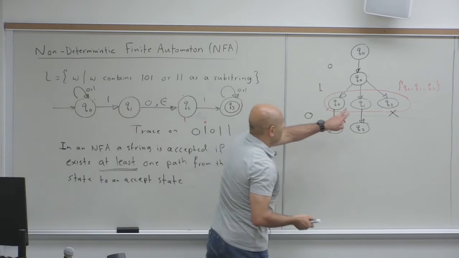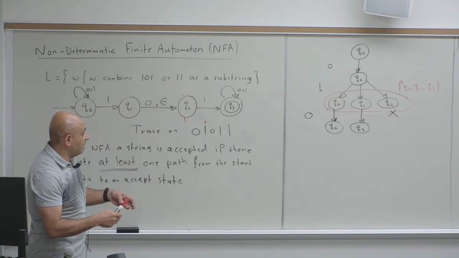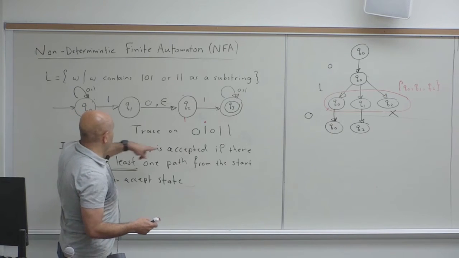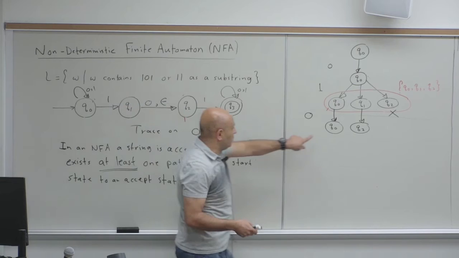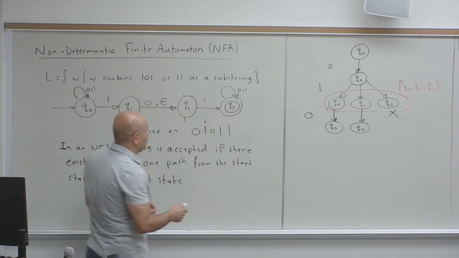So 2 paths are good so far. 1 path is bad, it led to a dead end. Now we will continue. Now we have 0, 1, 0. Now we will get a 1, and we'll have to trace it for both options, the Q0 and the Q2.